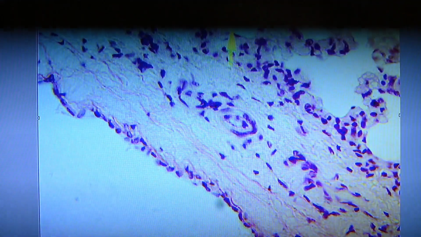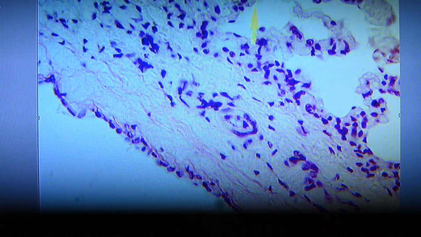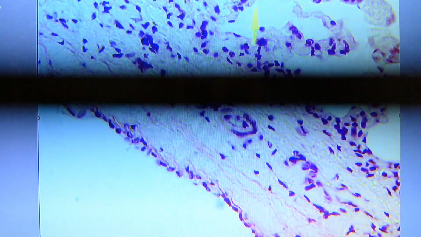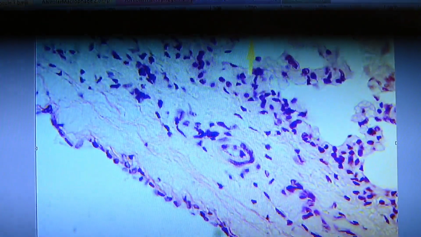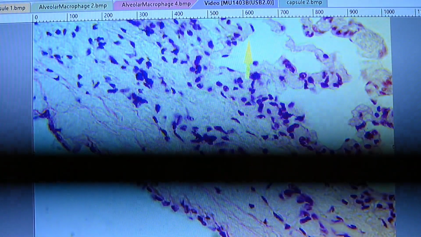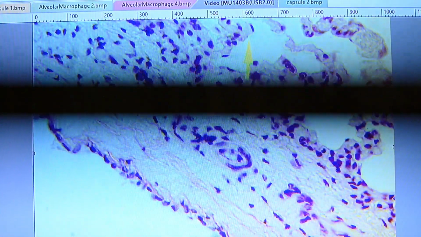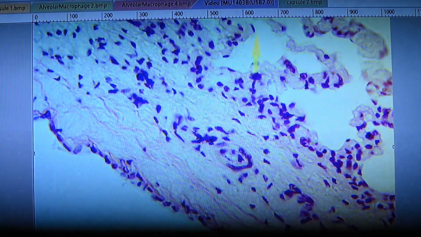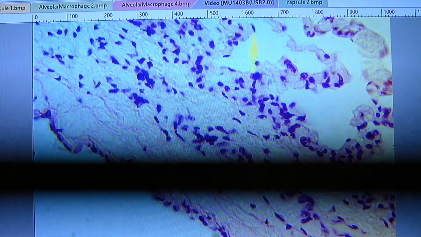Now this cell just above that up here may be off the screen now that I think about it. Move that up a little bit. This cell up here near the top could be a capillary endothelial cell, a simple squamous cell of a capillary.